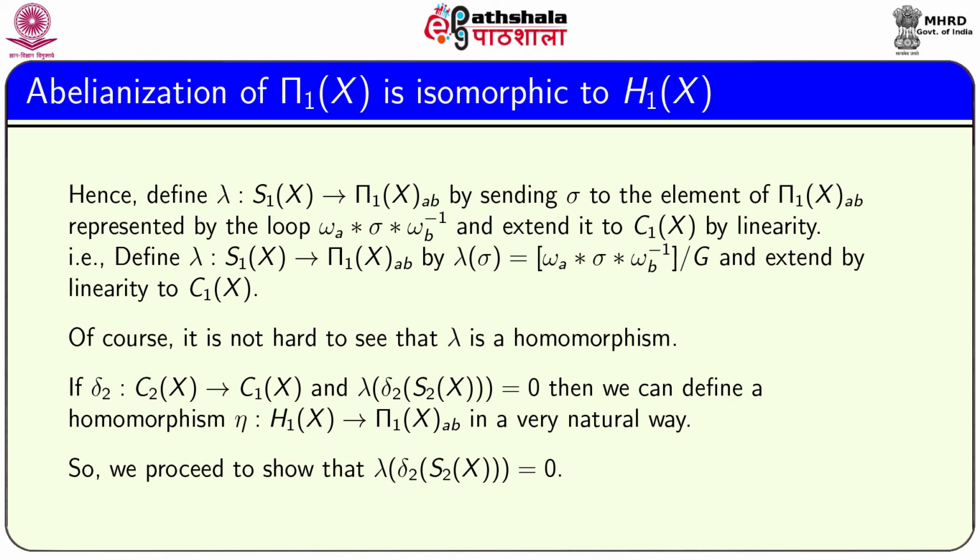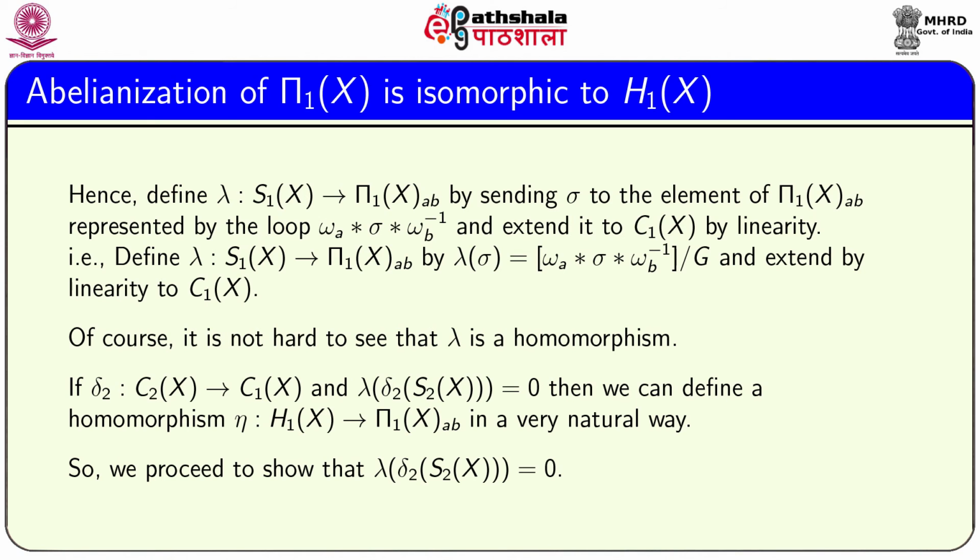If δ2 is the boundary homomorphism from C2(X) to C1(X) and λ of δ2 of S2(X) is equal to 0, then we can define a homomorphism η from H1(X) to the Abelianization of П₁(X) in a very natural way.